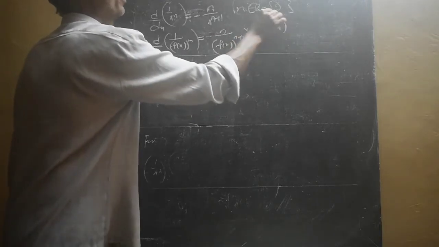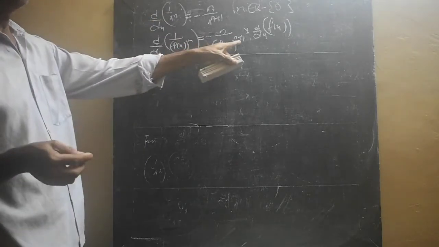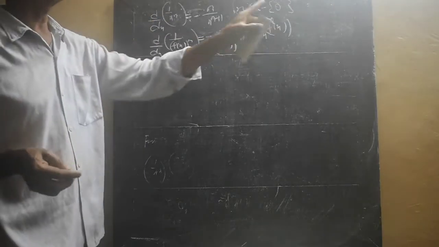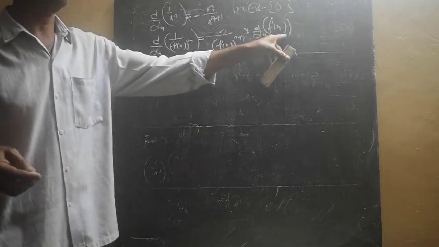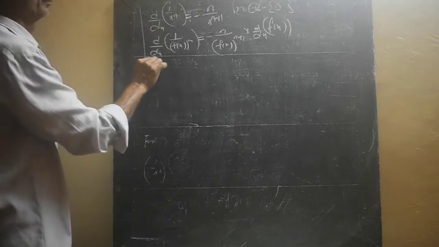The minus should be taken in the middle, in front of the division. As usual, whenever a composite function is there, in place of x we put f of x, the formula is the same, but the additional factor is d by dx of f of x, which is f dash of x. That's all.